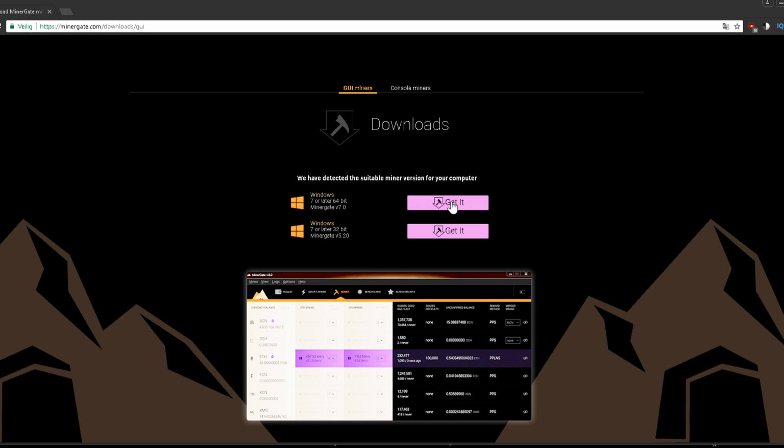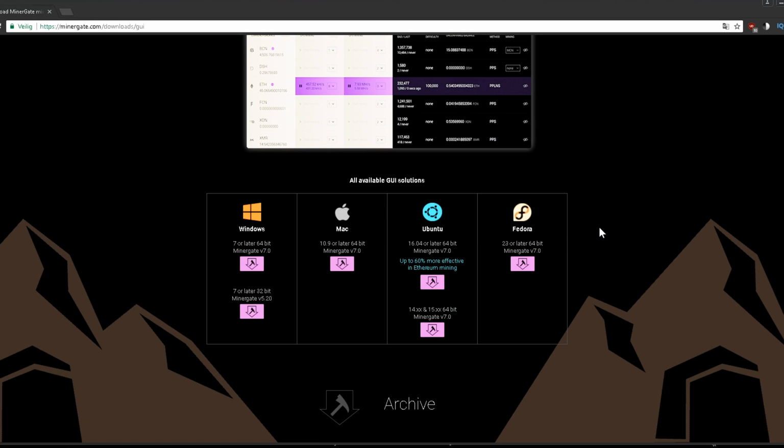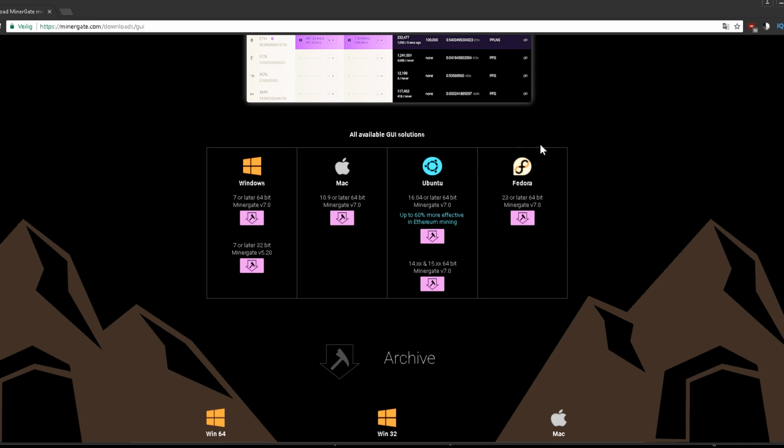So you download this if you have 64-bit or 32-bit, and here you can see they have different apps for different operating systems. For instance, on Linux you can get much more effective Ethereum mining, and sometimes other coins, but sometimes it will not work on Linux.